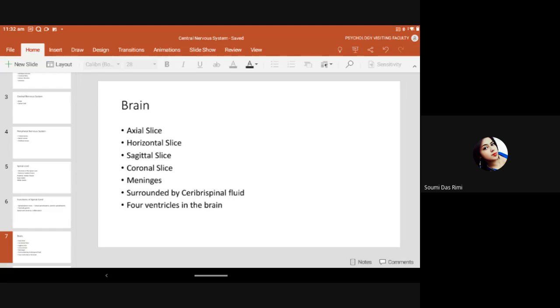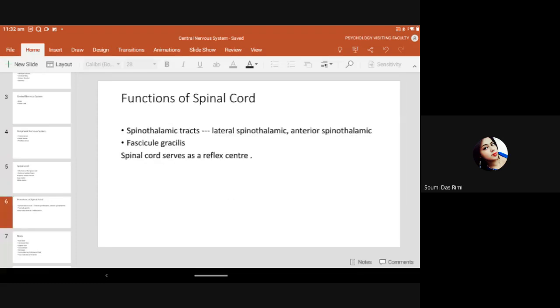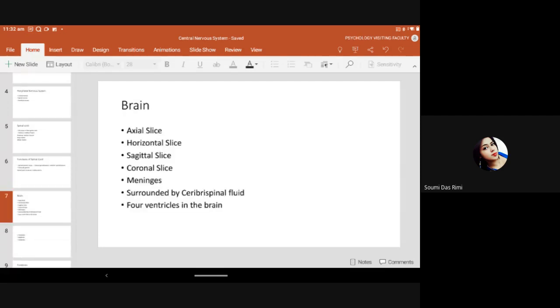So there are 4 ventricles in the brain. What are they? The 4 ventricles are, as I told you, 2 large ventricles present in the middle portion of the brain, 1 in each hemisphere, known as the lateral ventricles.